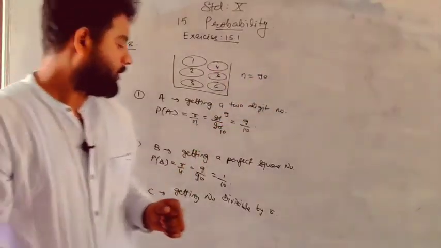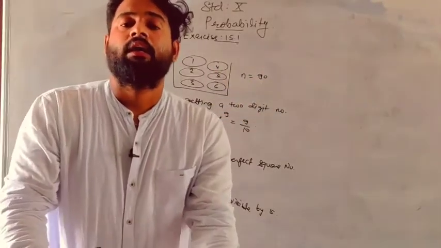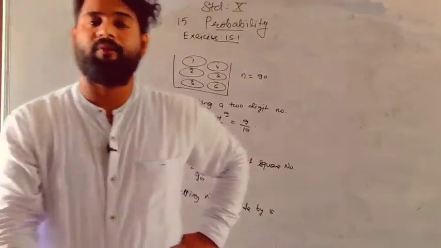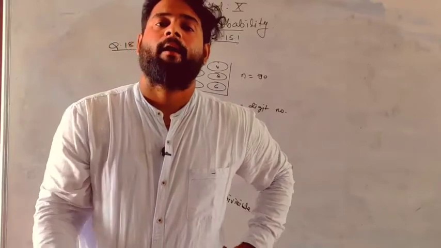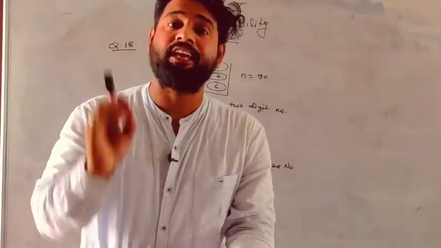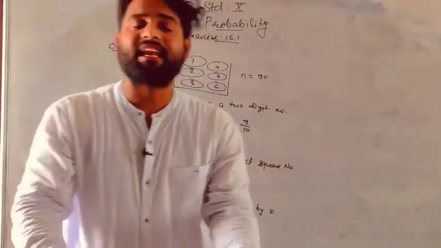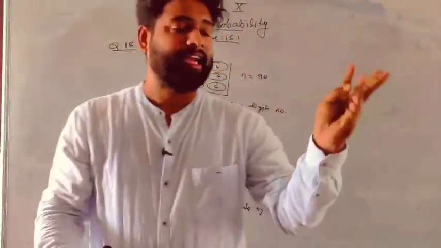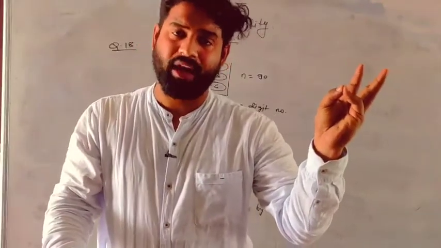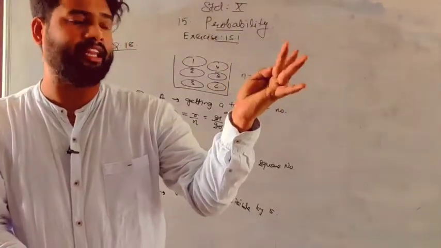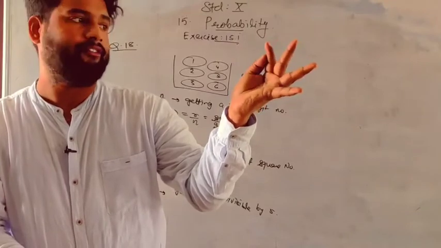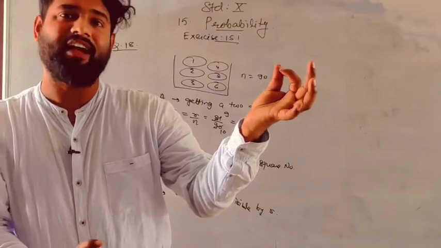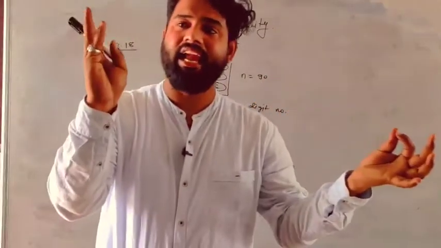Now next and last question, getting a number divisible by 5. So simple. Read the table of 5 nearest to 90. I think 18 fives are 90. So there will be 18 numbers like 5, 10, 15, 20, 25, 30, 35, 40, 45, 50, 55, 60, 65, 70, 75, 80, 85, 90.